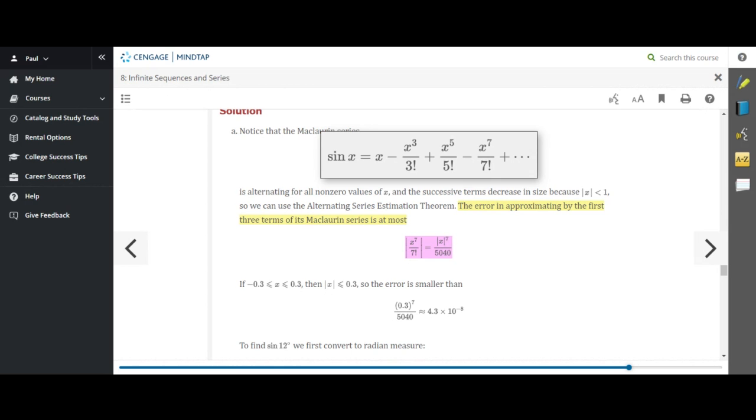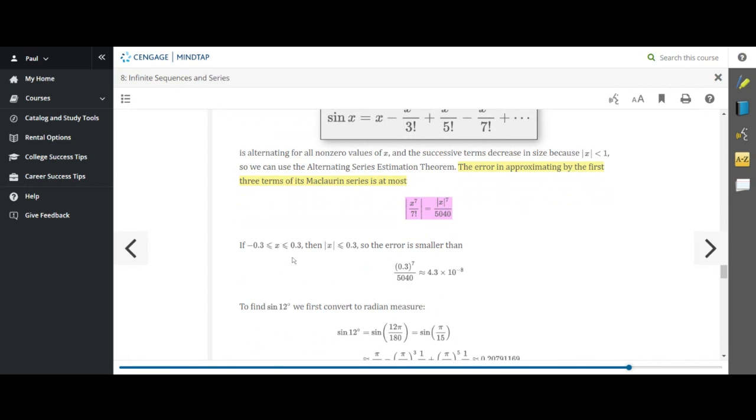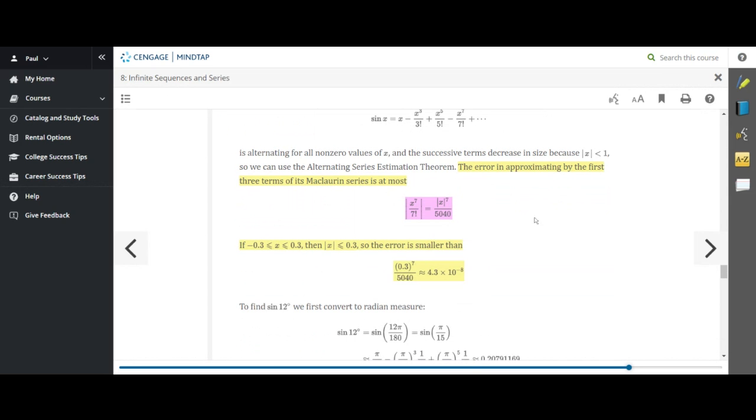So in this situation, if x is between negative 0.3 and 0.3, then the error would be smaller than 0.3 to the 7th power over 5,040, which is approximately 4.3 times 10 to the negative 8th power.